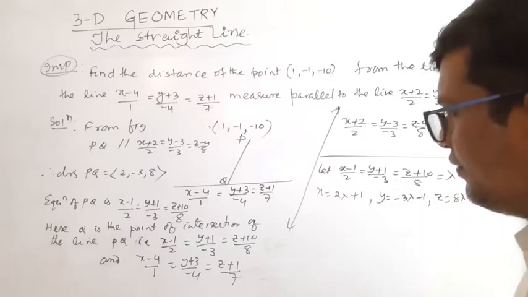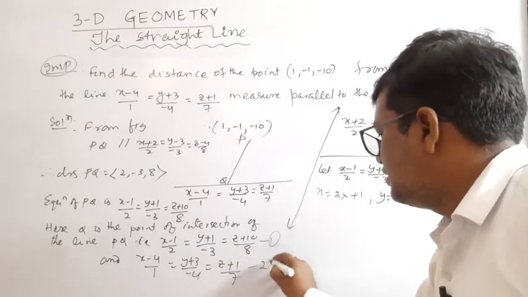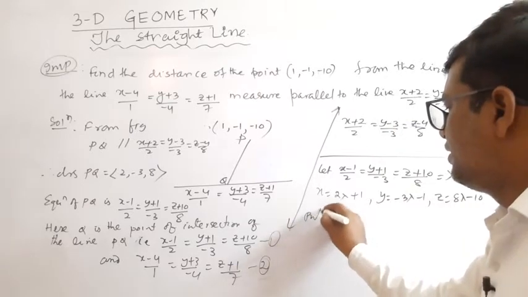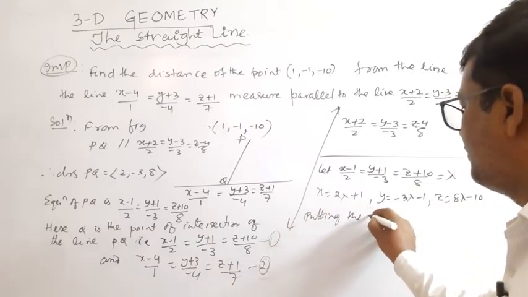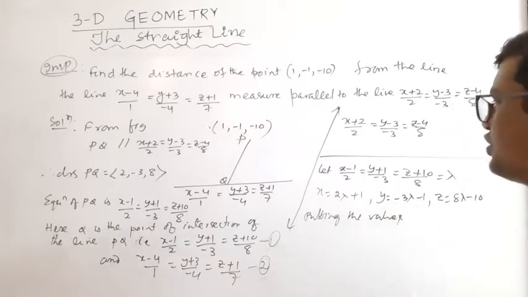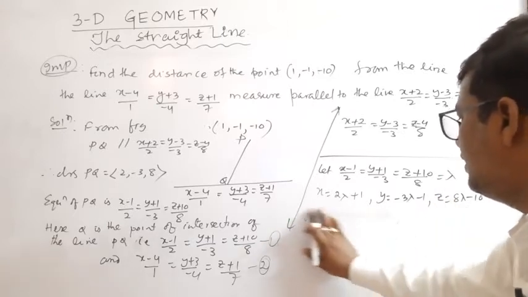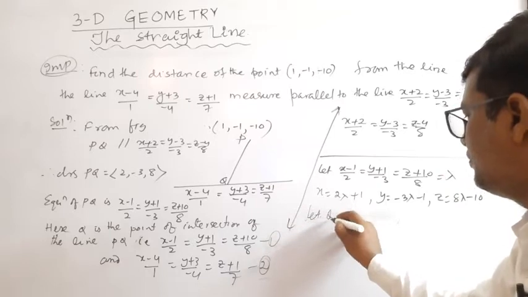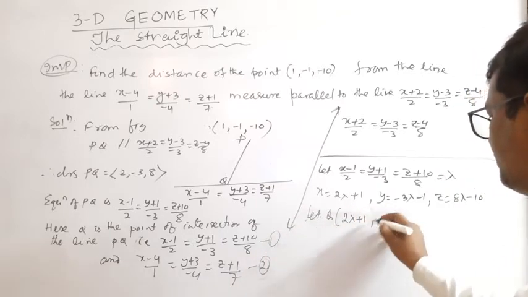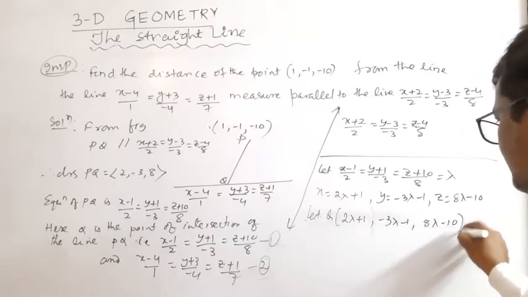Suppose this is equation 1 and this is equation 2. Suppose this point is Q: (2 lambda plus 1, minus 3 lambda minus 1, 8 lambda minus 10).